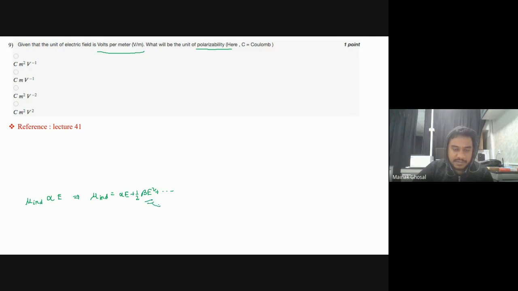But if E is not that significant, I can neglect the higher order terms. If the electric field involved is not that strong, I am left with only mu induced equals alpha into E. So alpha I can write as mu induced divided by E. Now what should be your mu induced? The mu induced is the dipole moment.